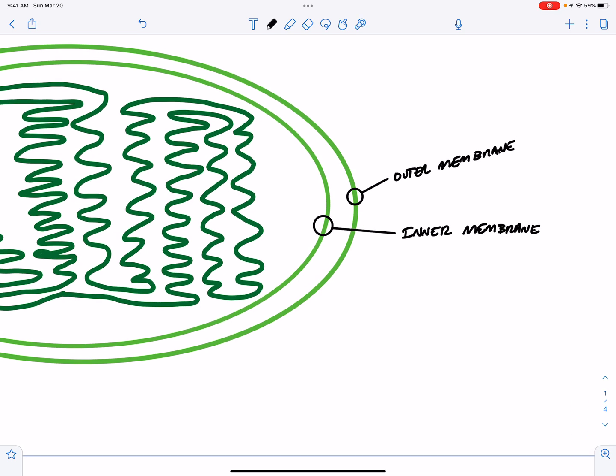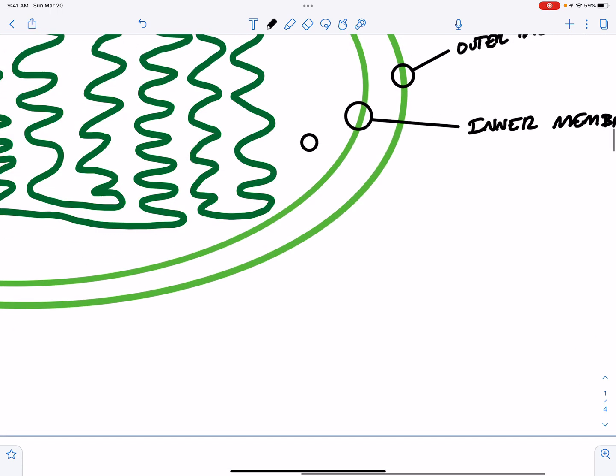Okay, the space in between the inner membrane and this, actually, I guess I should just give it a name. This membrane right here is called the thylakoid membrane system, or TMS.